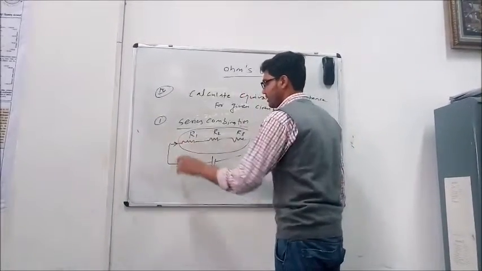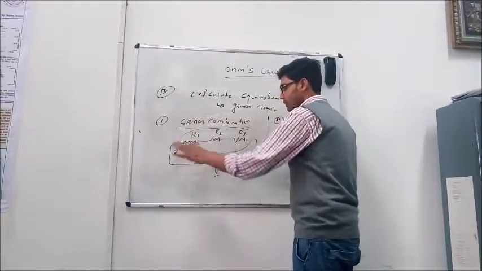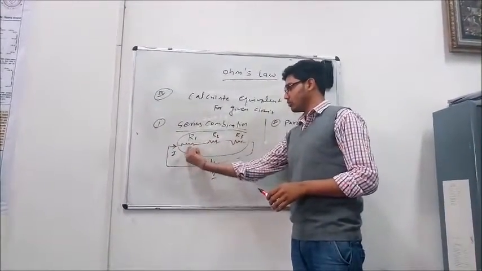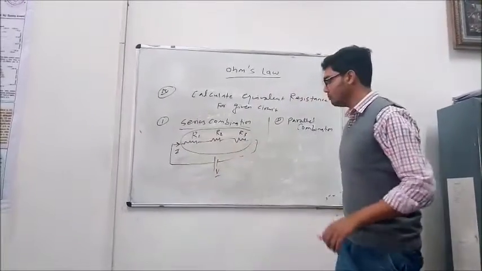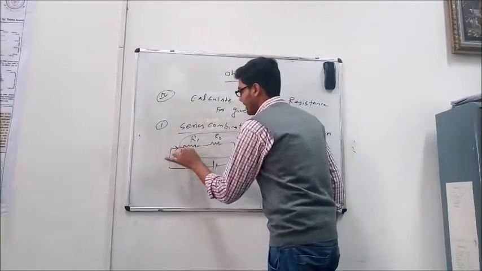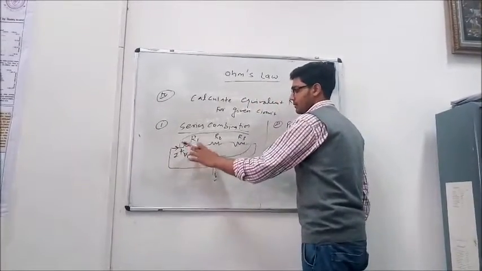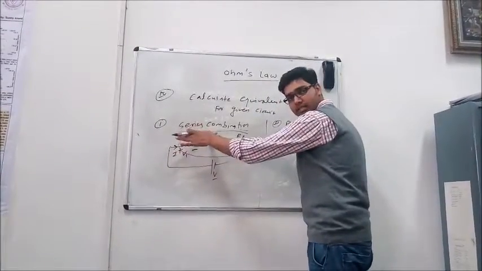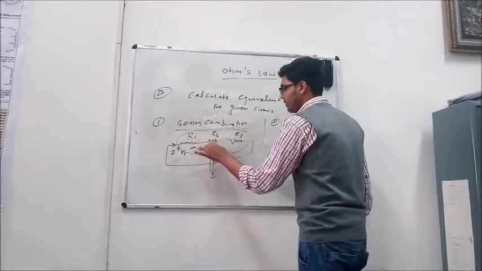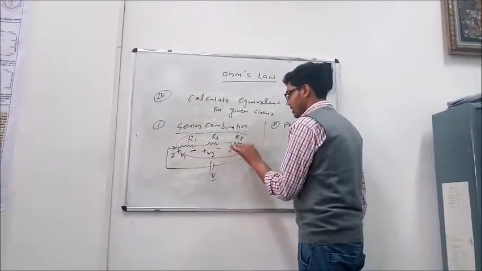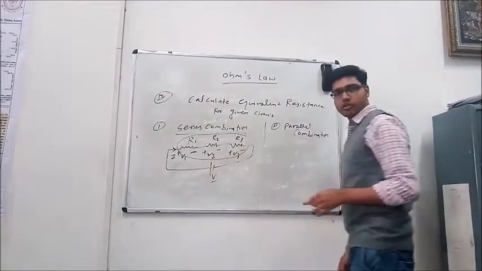In the series combination, the same current I will flow through R1, R2 and R3. V1 is the voltage dropped across R1, V2 is the voltage drop across R2, and V3 is the voltage drop across R3.